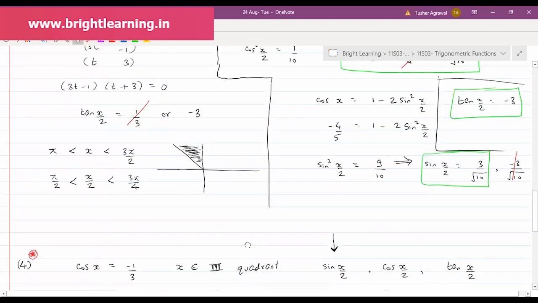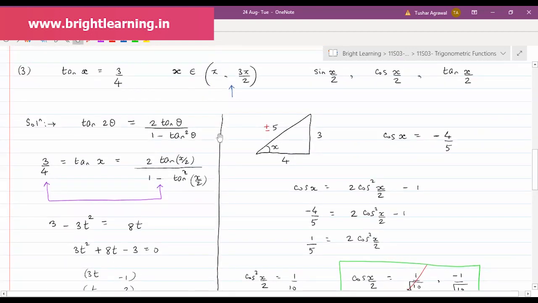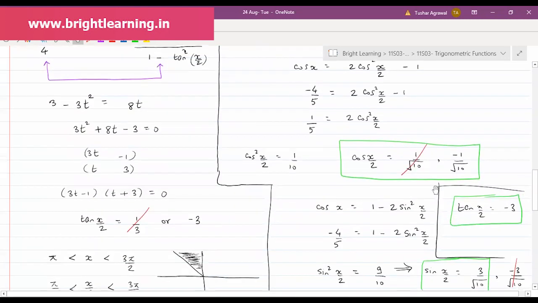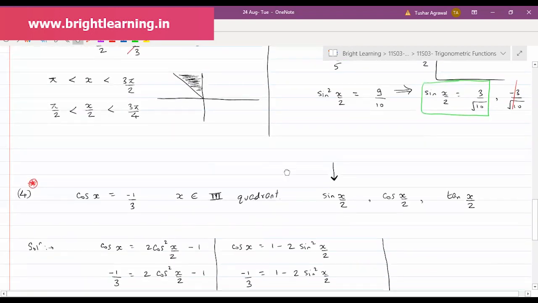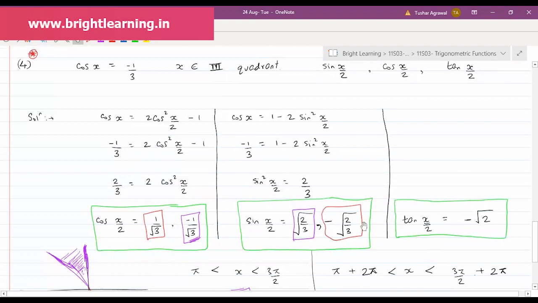But if I give you the specific range, third quadrant, pi to 3 pi by 2, then this is correct: single value. Tan will be a single value, sine will be a single value, cos will be a single value. In your NCERT books, for this type of question also, single values are given. So maybe it was just laziness that instead of typing from pi to 3 pi by 2, they just thought third quadrant would be sufficient. But this information is not sufficient.